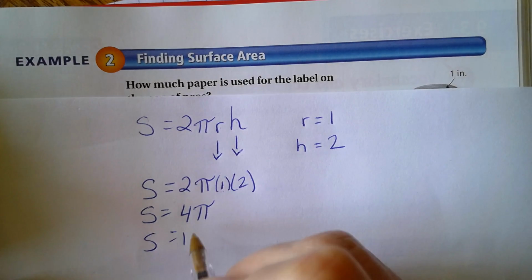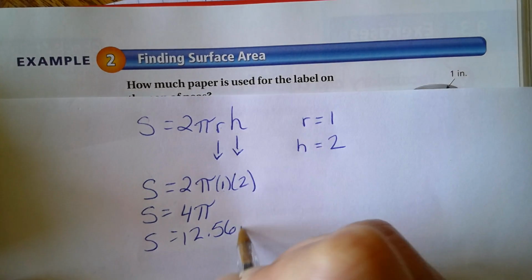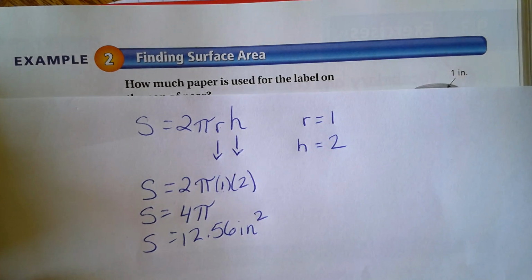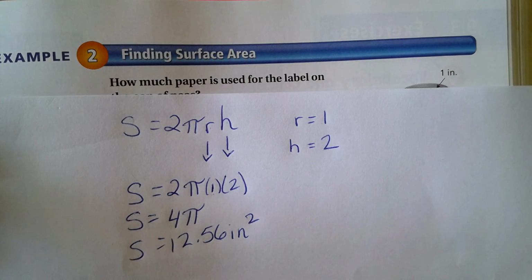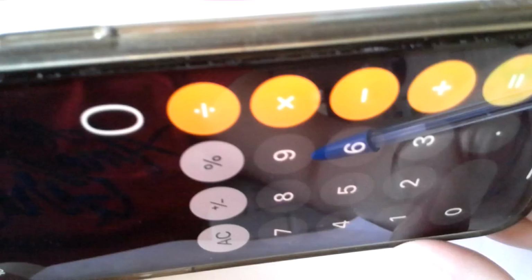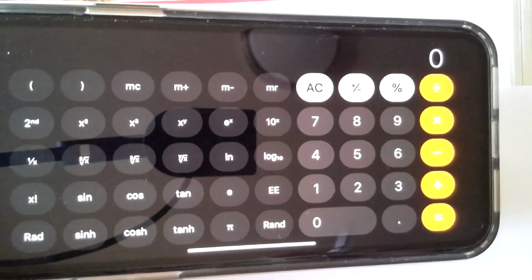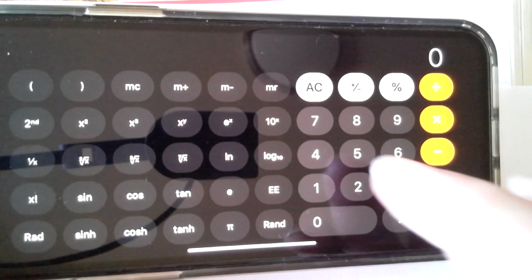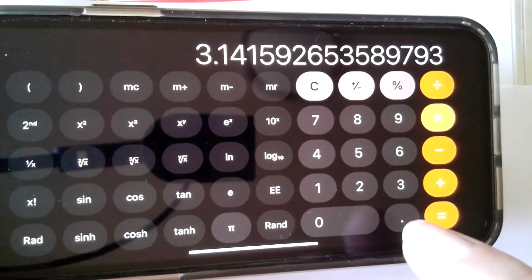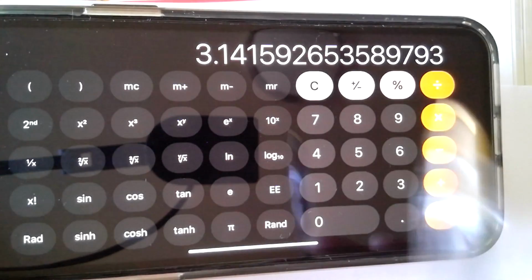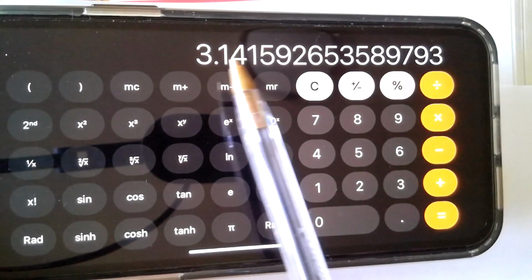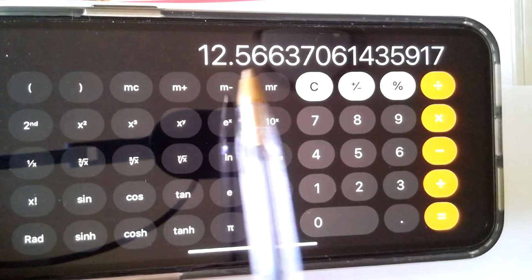12.56 inches squared. Now you may be asking, well, what if I use the pi button? So I have 4 times pi, and then it puts in pi here. Sometimes kids think that's their answer. Now you have to hit equals, and it's 12.56637, all these numbers.